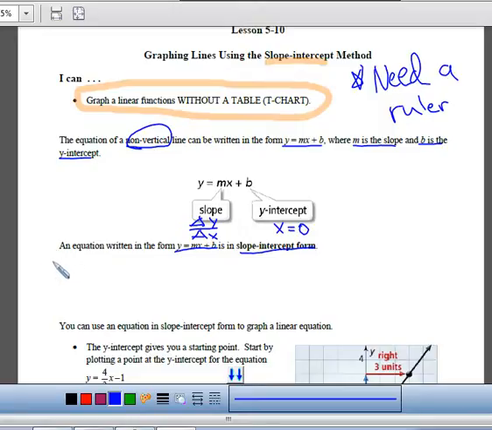This is basically going to be in two steps. Step 1 is to find, then graph the y-intercept.